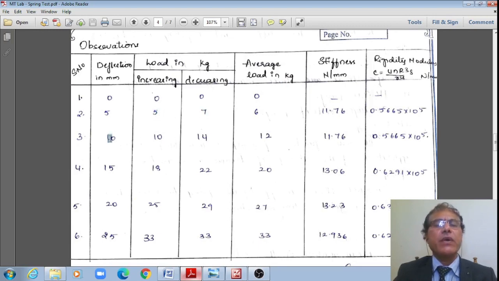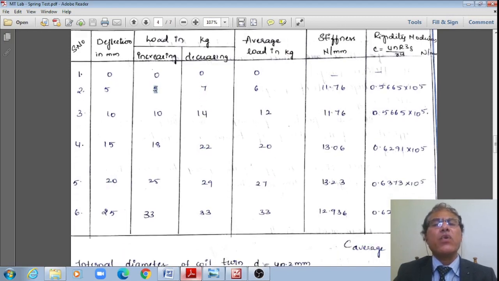We then increased the loading to 10, wherein I got 10 kg. For 15 it was 18, for 20 it is 25, and for 25 it is 33. In unloading, that 33 remains the same. When I unloaded to 20 mm, I observed 29. Similarly, for 15 I observed 22, for 10 it is 14, for 5 it is 7, and last it is 0.